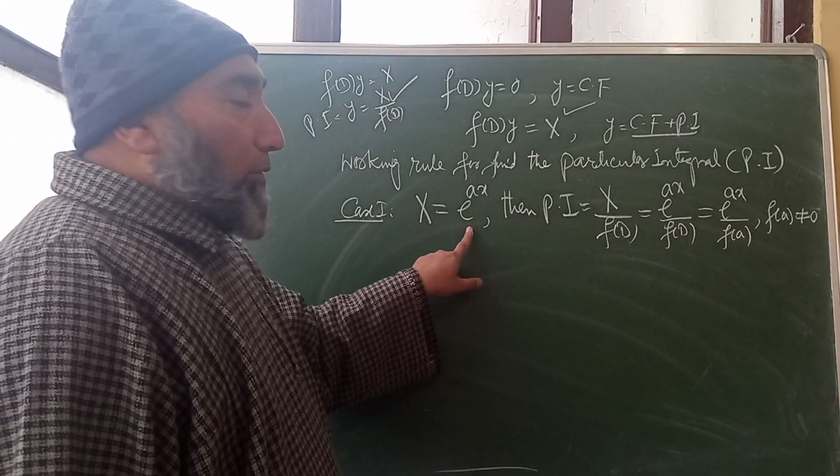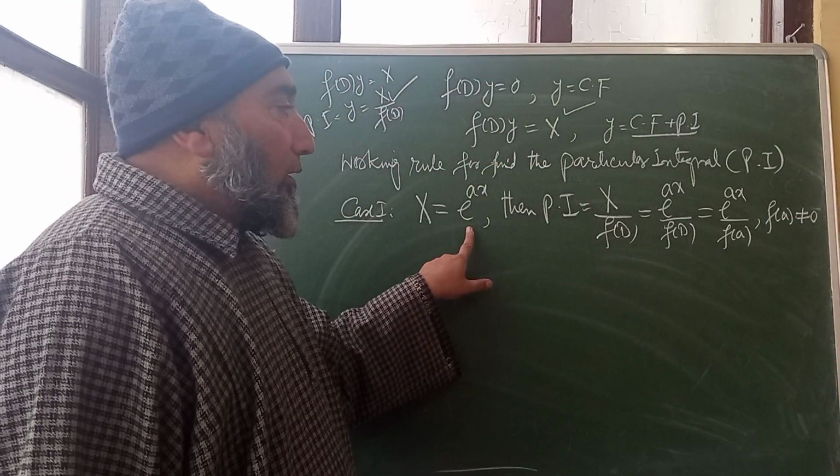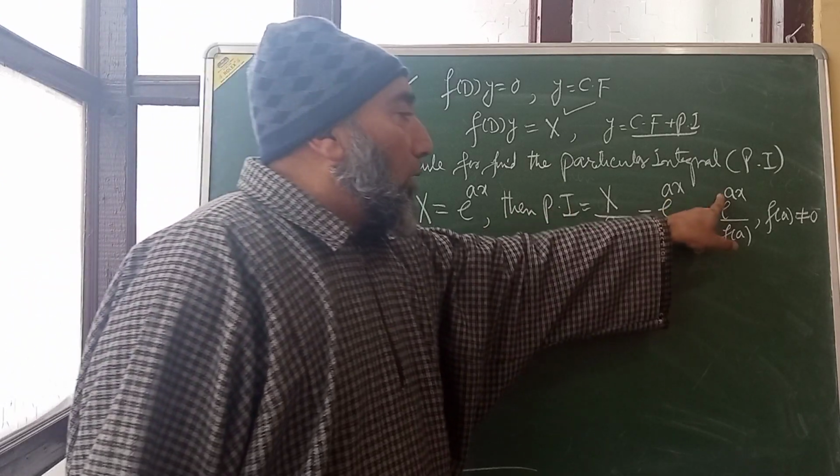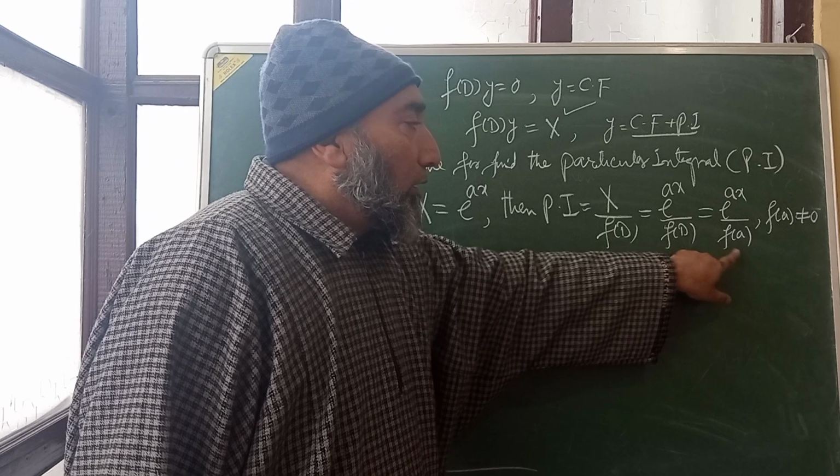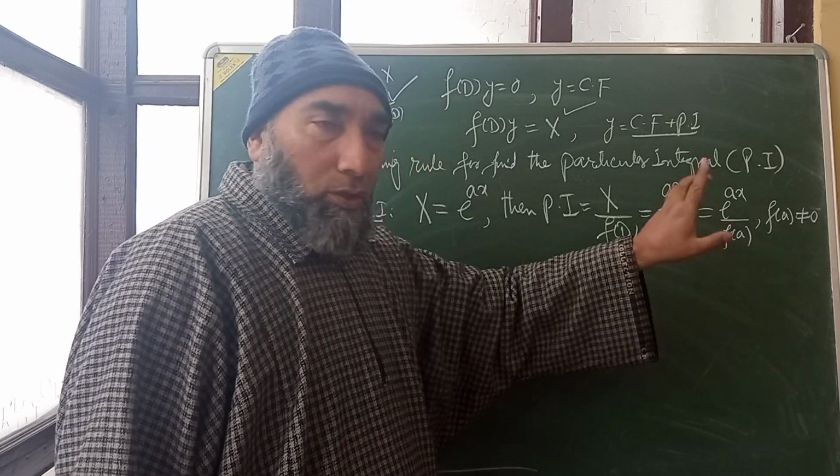So if X is of this form, e to the power ax, then the particular integral is e to the power ax upon f(a), but then the denominator should not be 0.